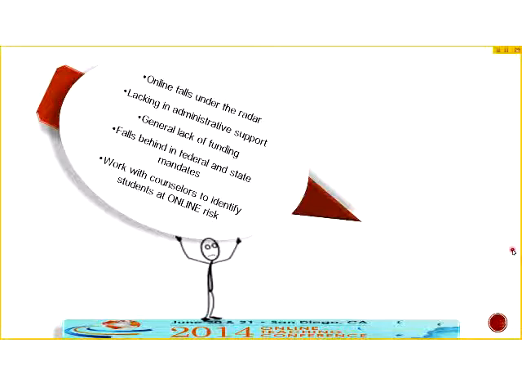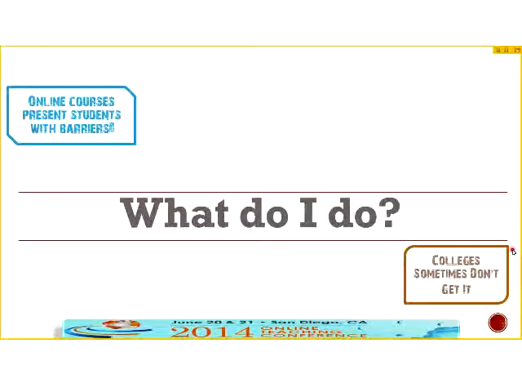So work with counselors. This is where their big part is, to help find out and identify online at-risk students. What do colleges do? What should they do in order to make sure that online learning is a success?